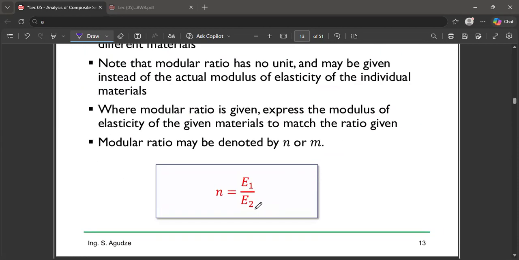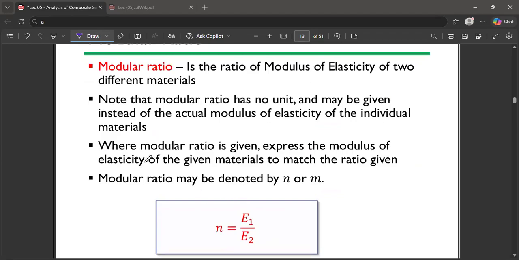Okay. Let's quickly look at modular ratio. Modular ratio is the ratio of modulus of elasticity of two different materials. Note that modular ratio has no unit and may be given instead of the actual modulus of elasticity of the individual material.